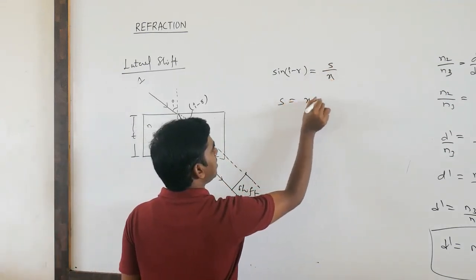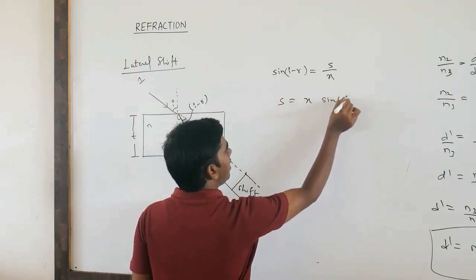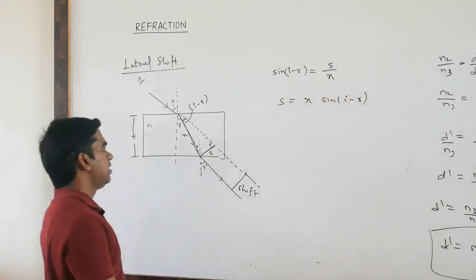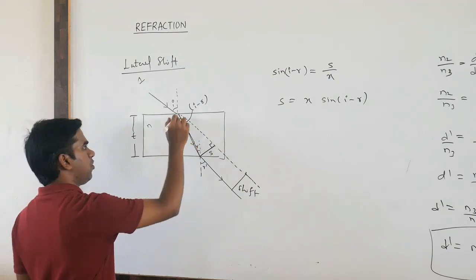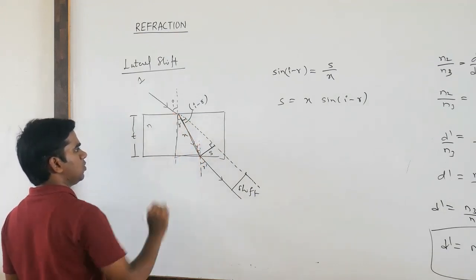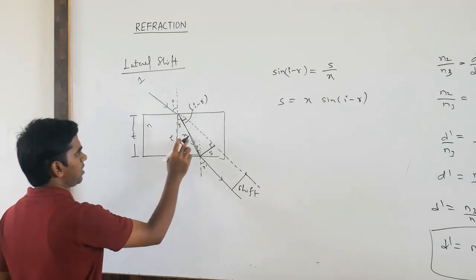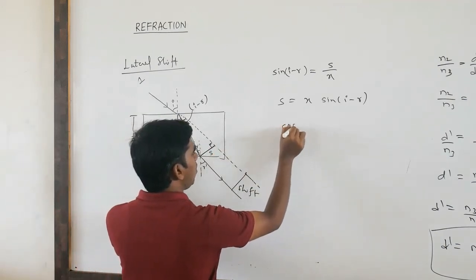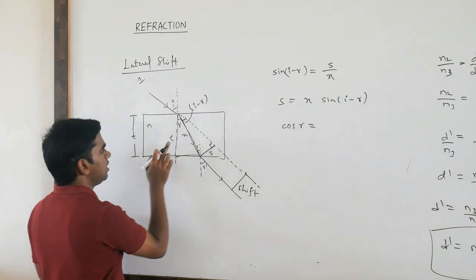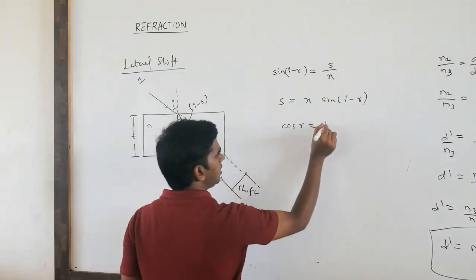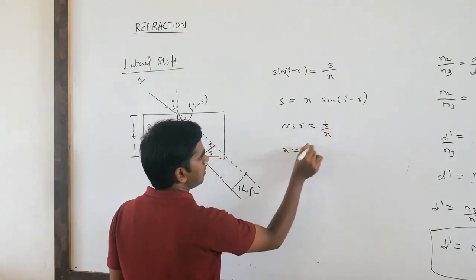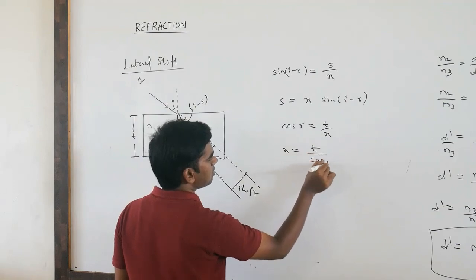So s equals x into sin(i minus r). Now we have to find x. From this triangle, you know t from here to here, and you want x. If I take cos r equals t by x, then x is t divided by cos r.